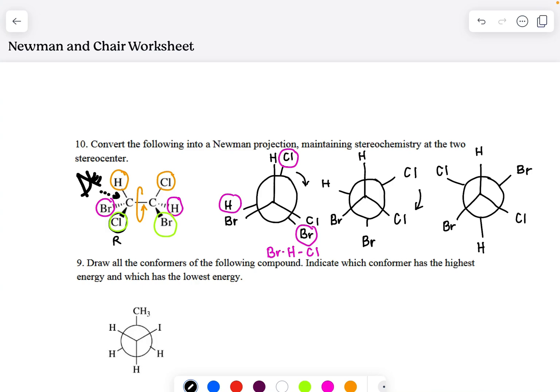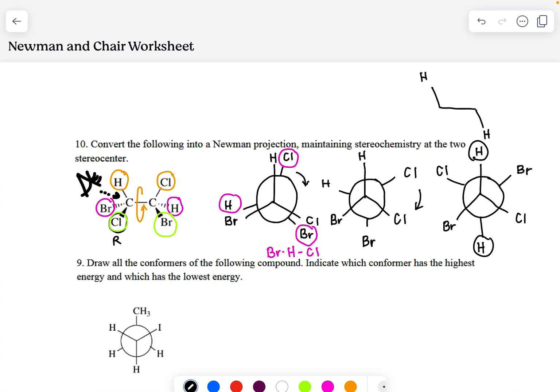And if I wanted to convert this back to a line drawing with dashes and wedges, my hydrogens would be in the same plane up and down, look like that.